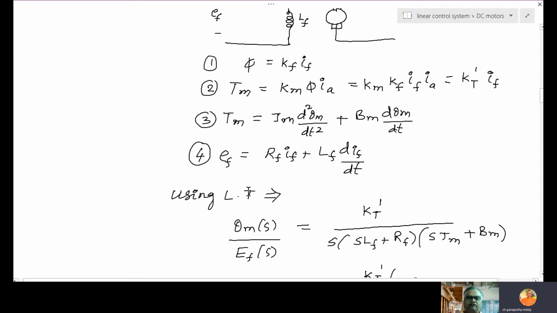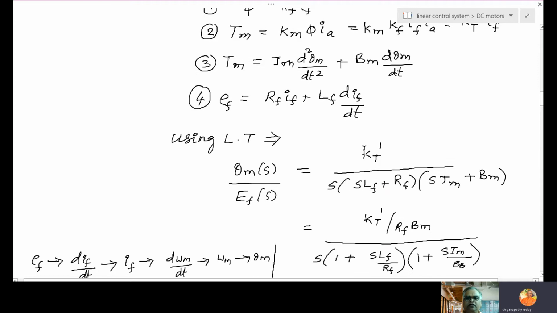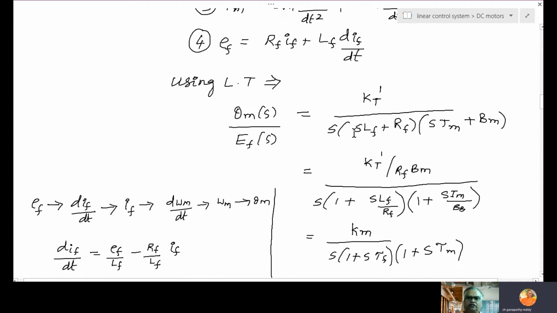Using Laplace transform, you know how to do it. Theta m of s divided by EF of s, you will get this. So this is the transfer function. This transfer function is also modified in 1 plus s tau form, with time constant LF by RF.